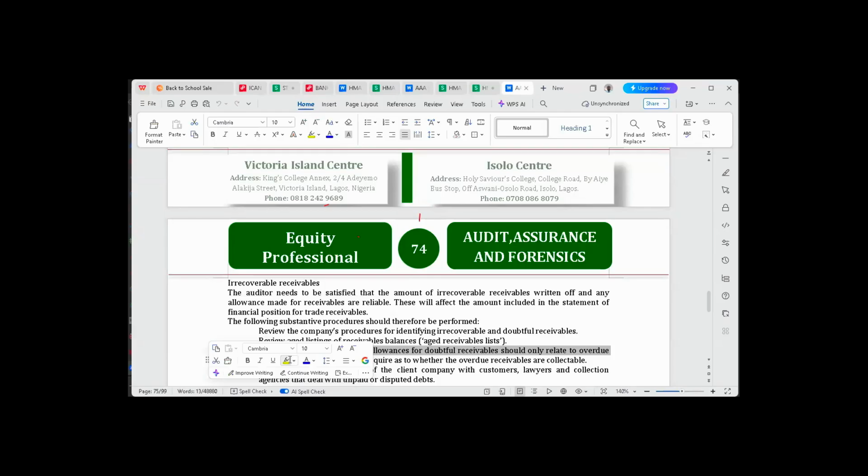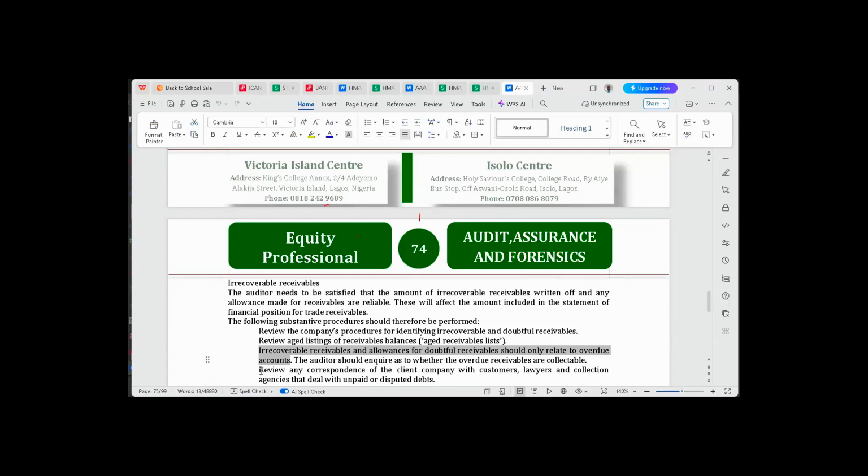But sales from 3 months, 6 months, 1 year ago are long overdue. So there should be policies that guide against that. No money that is being owed should be accounted for as irrecoverable without basis. We should be able to categorize them into those within the normal period and those that are overly outstanding. You need to look at that.